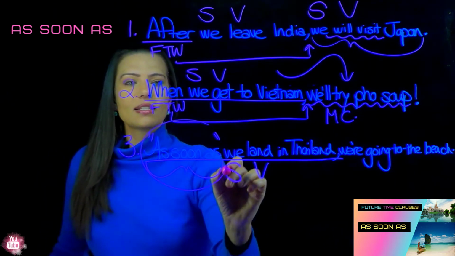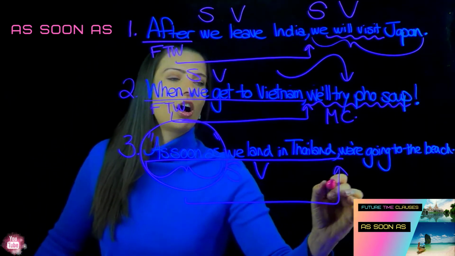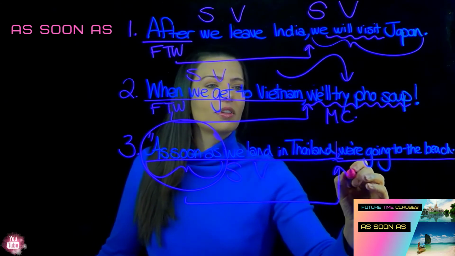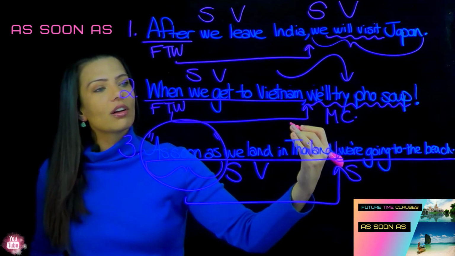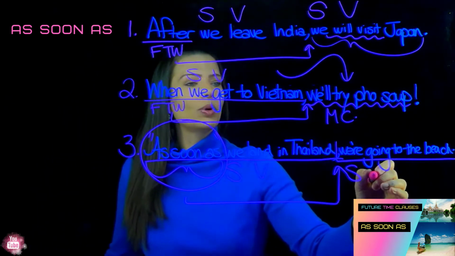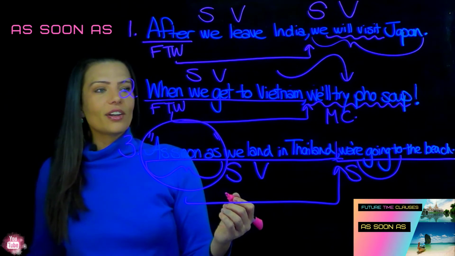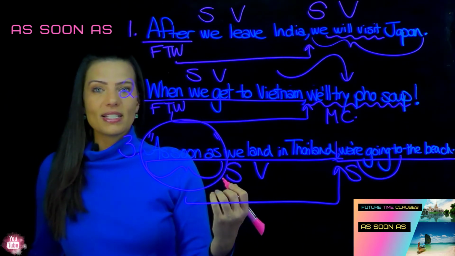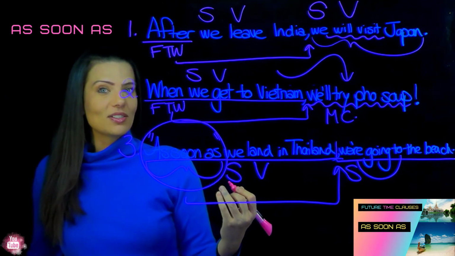Because this is in the initial position at the very beginning, we have a comma here. In the main clause, we have the subject, we, and then are going to. Now, in this case here, we are using the present progressive to talk about a future plan, and that is okay to do.